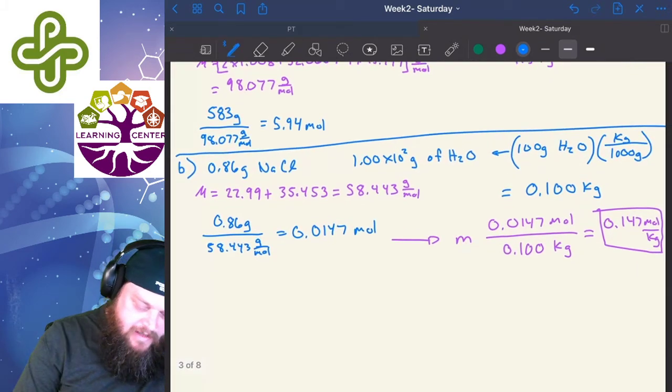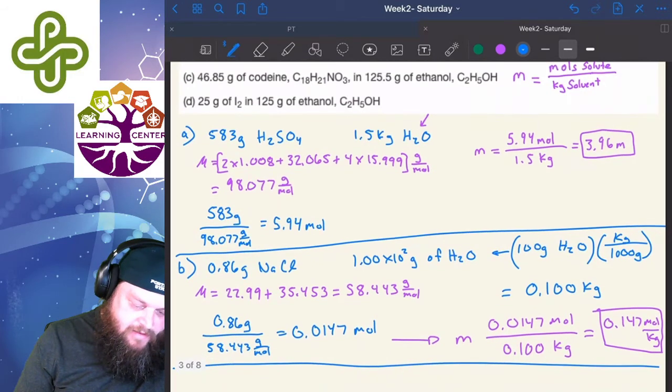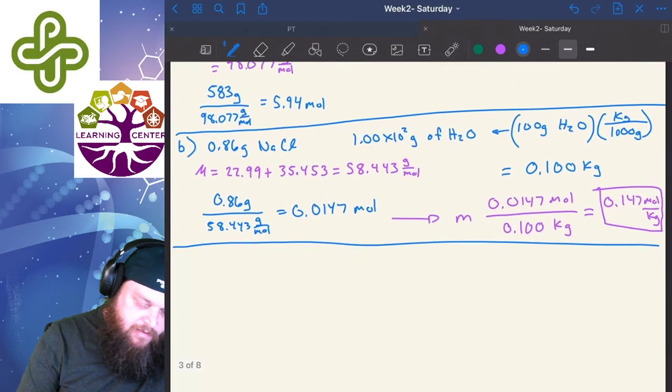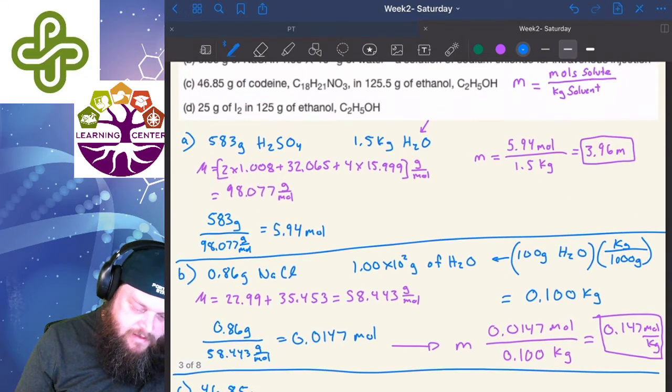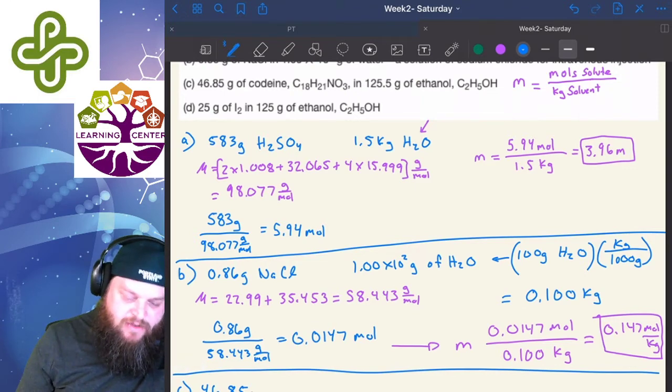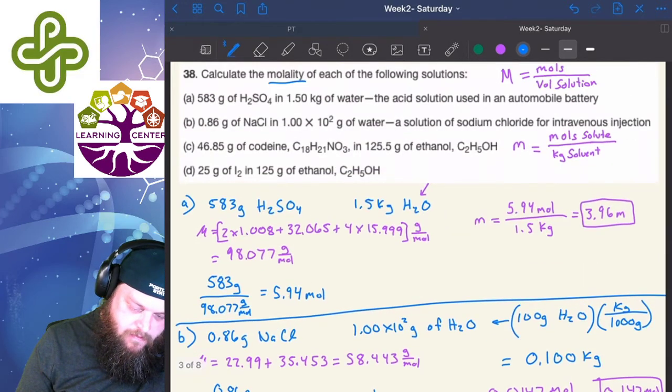Looking at part C. Part C has 46.85 grams of codeine, which is C18H21NO3. See if I can remember that. C18H21NO3. All right.